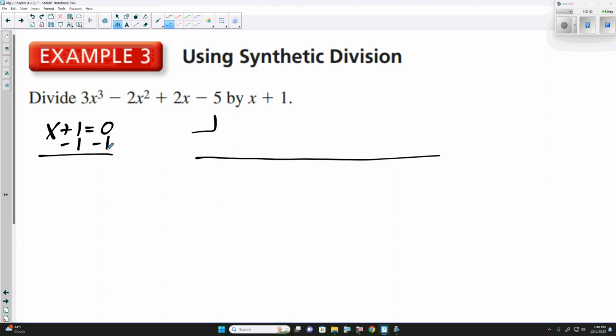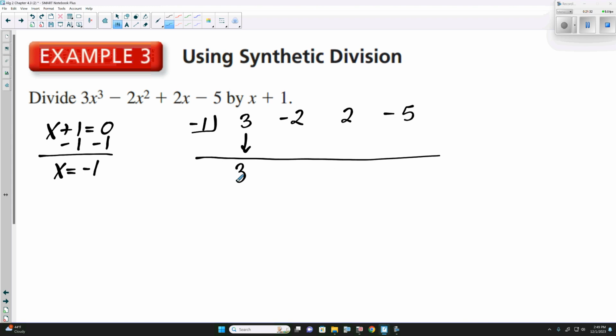The first part of getting this x by itself still holds true. Putting that value in the cubby is still true. 3, -2, 2, -5 is still true. Bringing down the 3 still holds true. We don't have to do anything if there's a number in front of the variable with the biggest exponent.